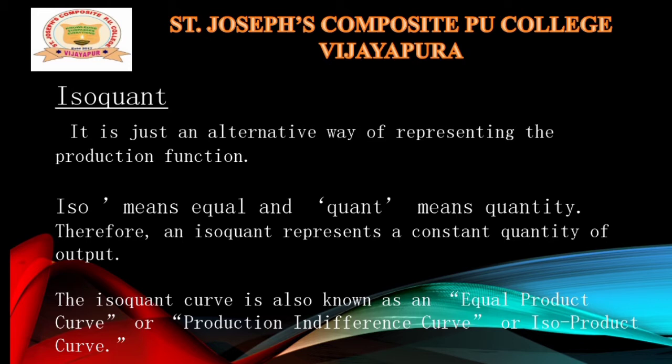And the isoquant curve is also known as an equal product curve, production indifference curve, or iso product curve.